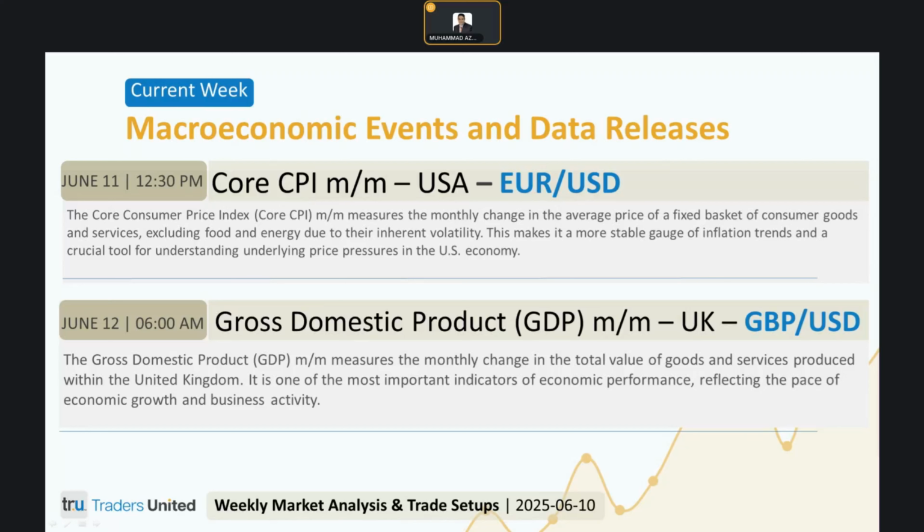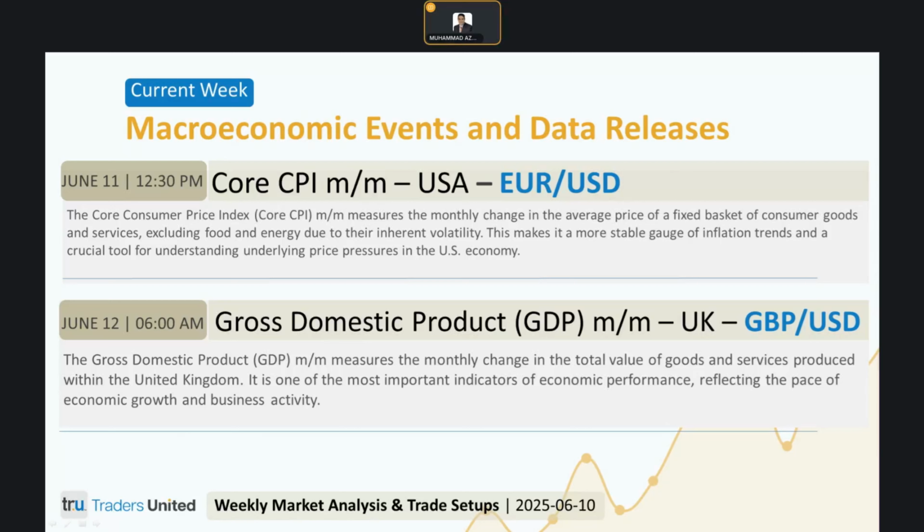The possible scenario and the impact on GBP/USD is that if the GDP is higher than forecast, meaning above minus 0.1%, ideally positive, then it indicates the UK economy is more resilient than expected, and this could boost the British pound, especially if investors see this as reducing the chances of rate cuts from the Bank of England. So GBP/USD would likely rise as demand for the GBP increases on improved economic sentiment.